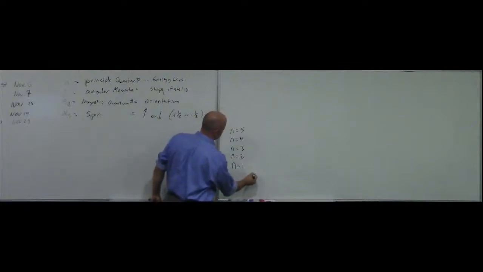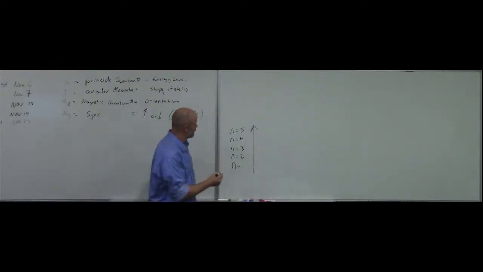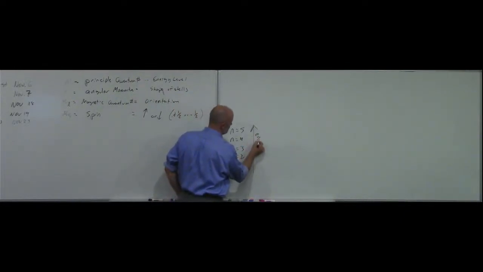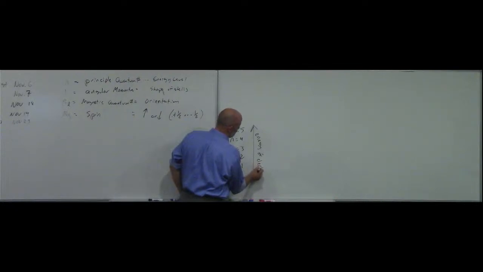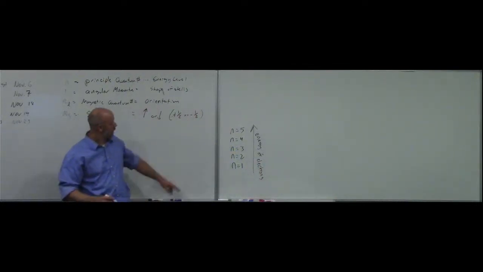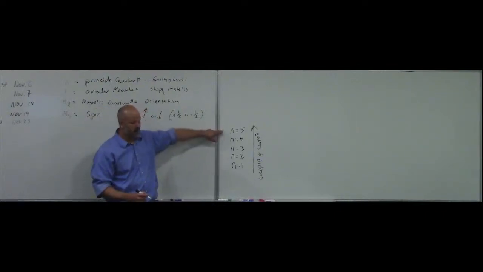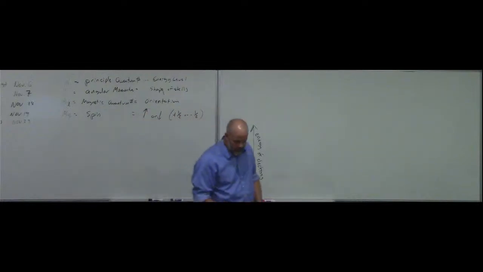As I do this, the energy of these electrons increases. Okay, that makes sense. Lowest energy electrons are in that first orbital. Highest energy are out here in this fifth orbital or beyond.